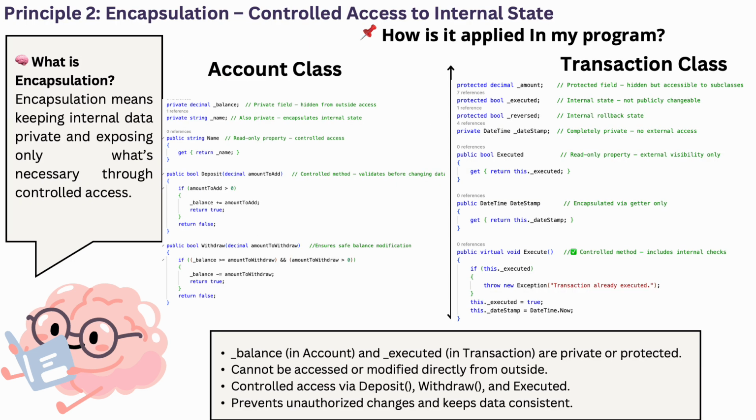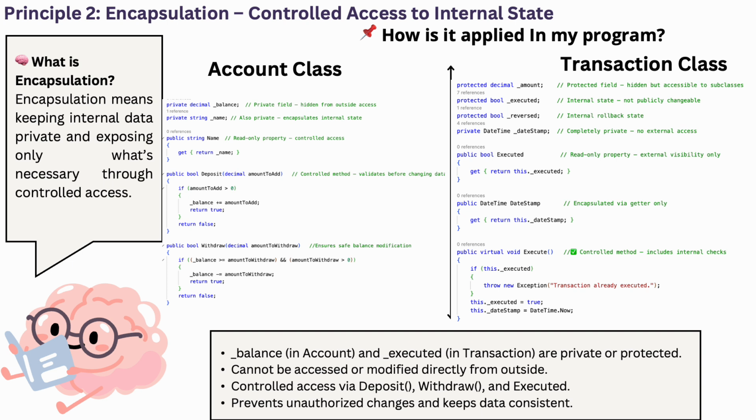And now let's move on to the second principle, encapsulation. Encapsulation means hiding the internal data of a class and only allowing access through safe and public methods or properties. In my program, I apply encapsulation in both the account and transaction classes. For example, in the account class, fields like balance and name are marked as private, meaning they cannot be accessed directly from outside. To interact with the account safely, I use public methods like deposit and withdraw, which include logic to validate the input before changing the balance.